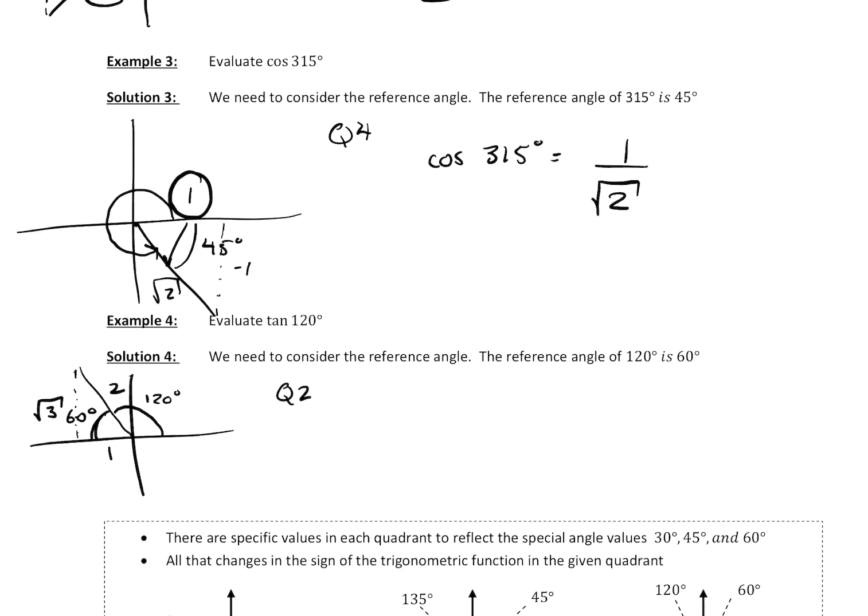Now what is this here? Negative. I'm dealing with tan, which is y over x. So I know since I'm in Q2, I have a negative x value. It's going to be negative root 3 over 1, which is just negative root 3.